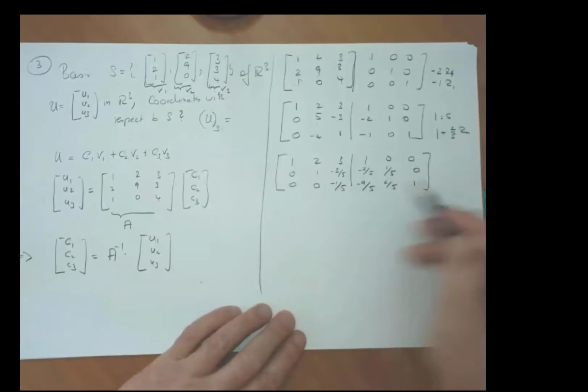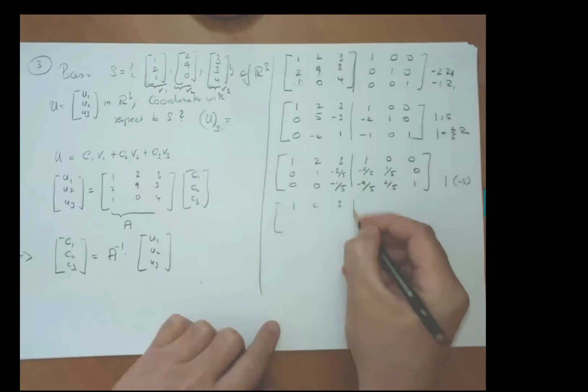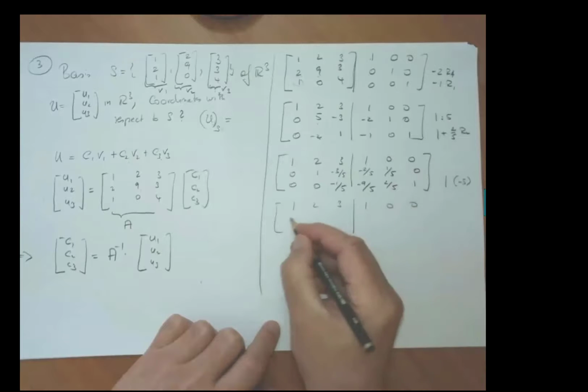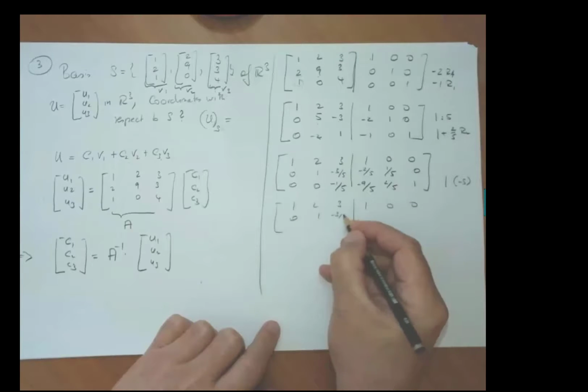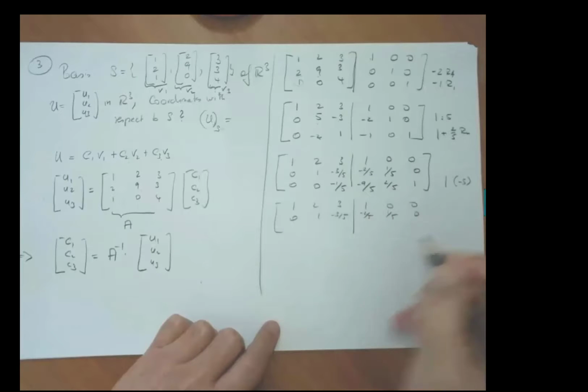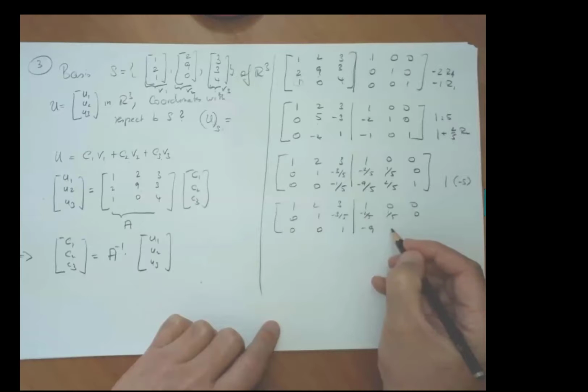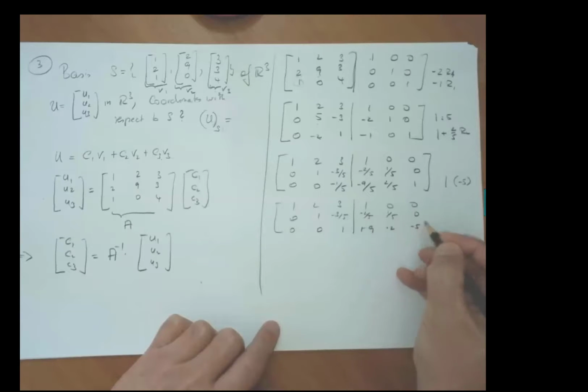And so I turn this into 1. I multiply by -5. So we have 1, 2, 3, 1, 0, 0, 0, 1, negative 3/5, negative 2/5, 1/5, 0, 0, 0, 1, and this is minus 9. No, plus 9, minus 2, minus 5.